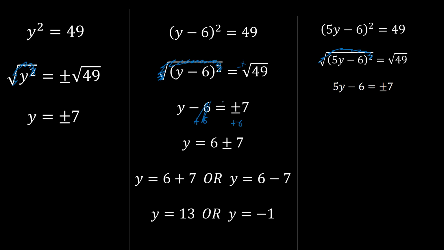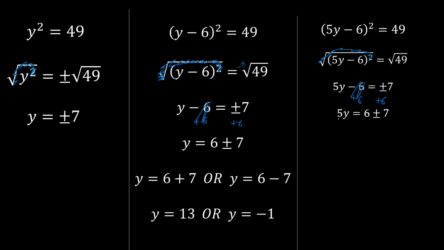And by the way, if you don't like dealing with a positive or negative sign like this, you could break it apart into two equations right at this point. But if you are okay with it, we're just going to leave the plus or minus in until the end. So what I want to do is get y by itself, and I can add 6 to both sides. So now I have 6 plus or minus 7 on the right side.